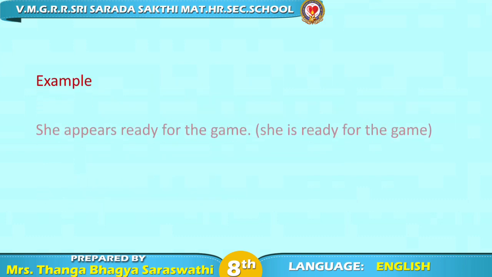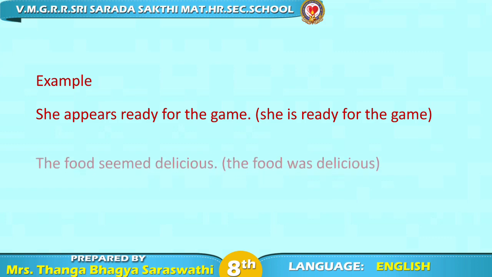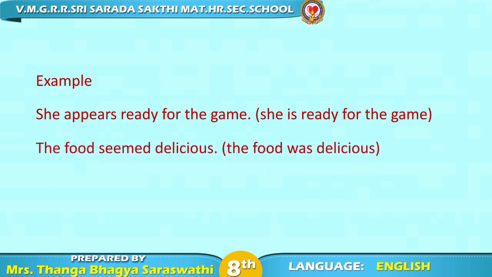Here we may have the example, she appears ready for the game. Here appears is the verb and it is replaced by the be verb is. She is ready for the game. The meaning remains the same. Next one is the food seemed delicious.